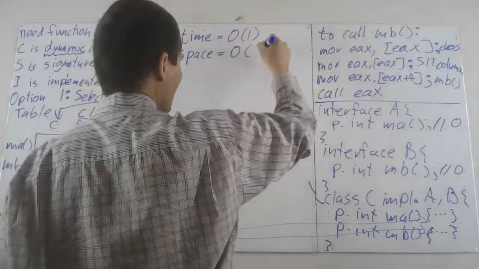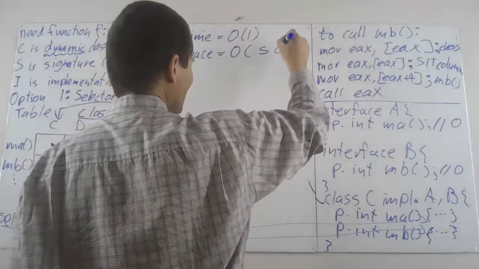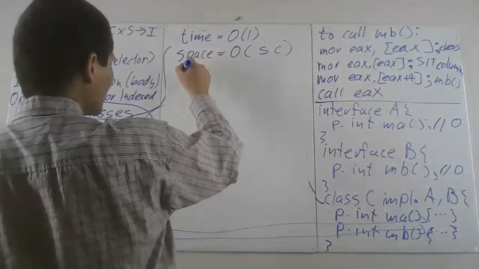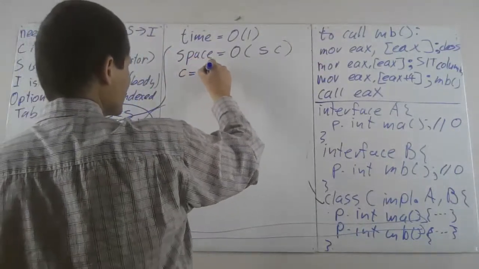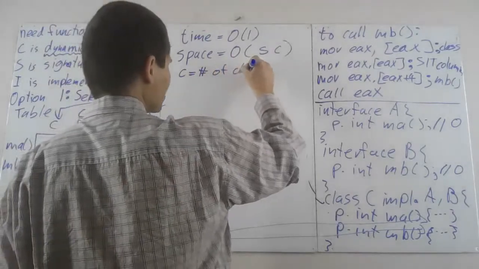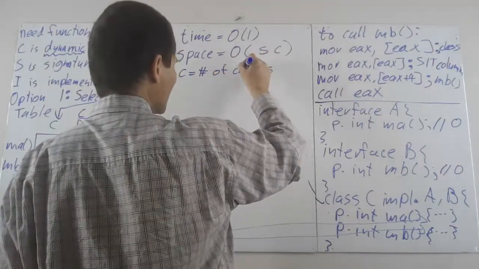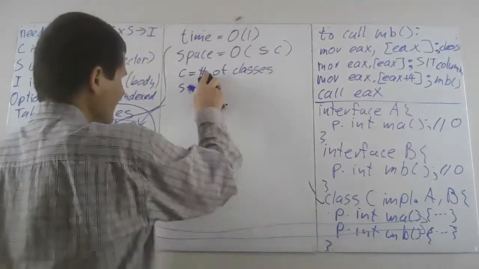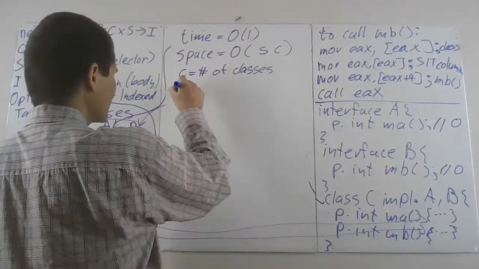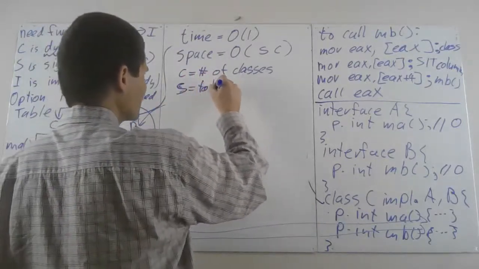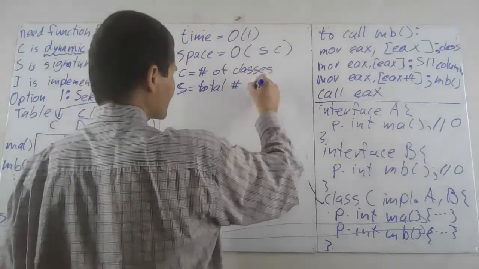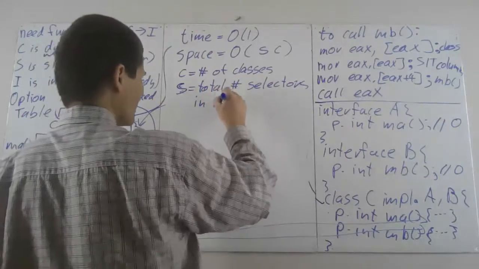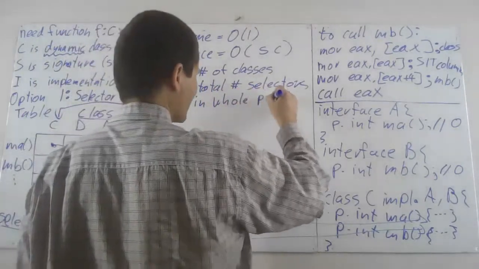I'm going to say the space is O of S times C, where C is the number of classes in my entire program, and S is the total number of selectors, and just for emphasis, in my whole program, right?